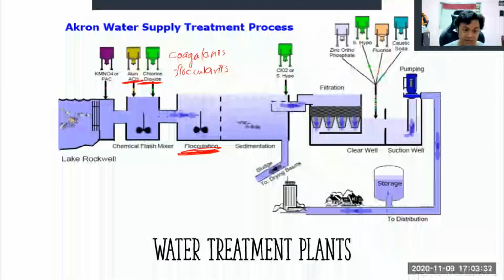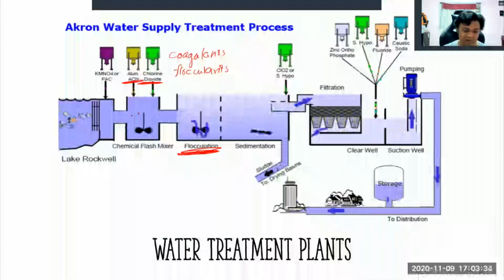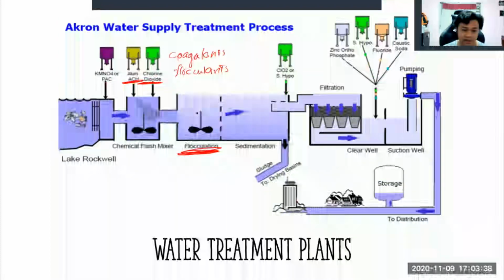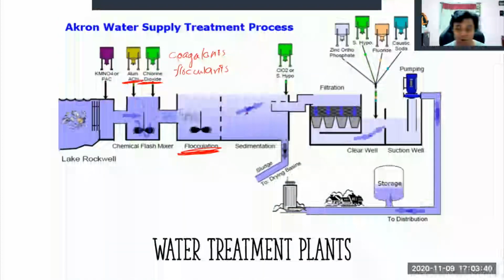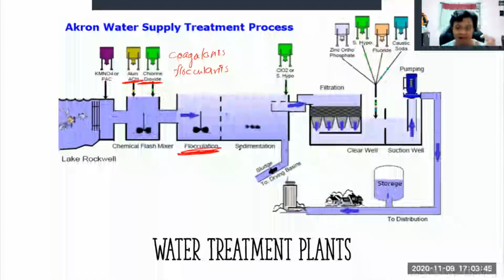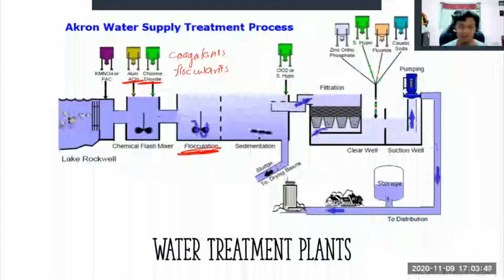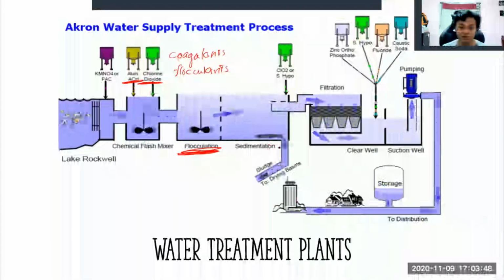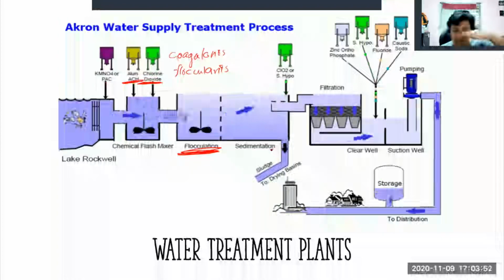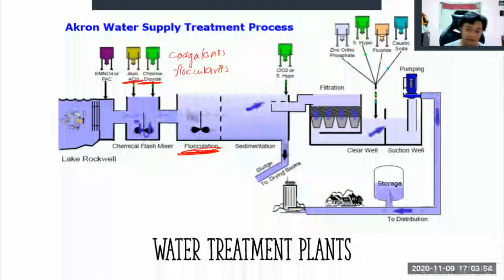As you can see here, there are fine particles, and if they are reacted with alum, they will clump together and become large enough to sink, to be removed by sedimentation. They will settle at the bottom and be collected in the drying basins.